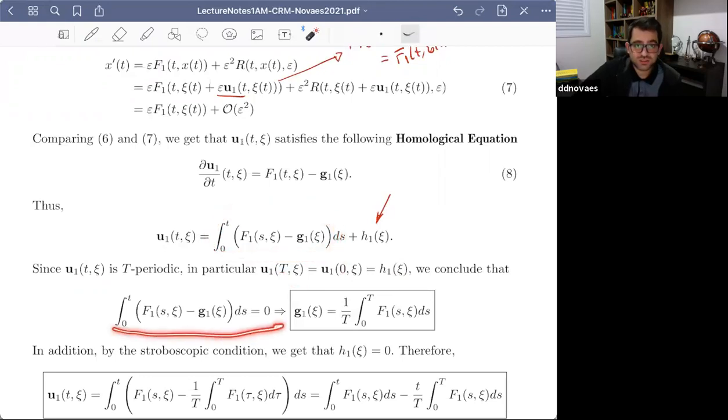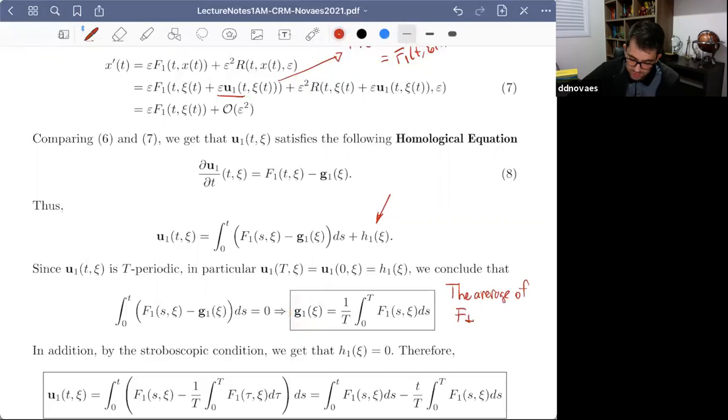And from this relationship, we get the expression of the first order average function, which is actually the average of f1(s, c). What I'm doing here is integrating a t-periodic function over the first interval of periodicity and dividing by the period. So this is the average of function f1.